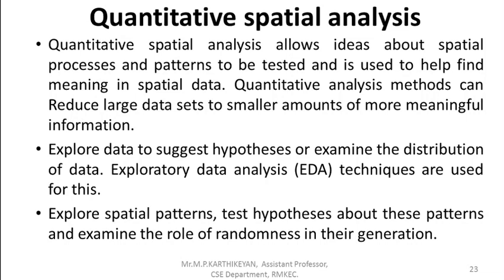Actually, this is the first law of geography, put forward by Tobler. You know who Tobler is, the father of GIS, Tomlinson? So what he has told is that observations of spatial data are not independent, but features close together in geographical space are in some way related to each other.